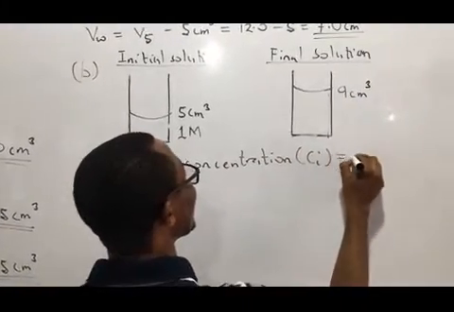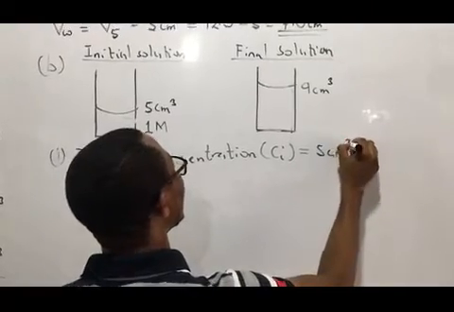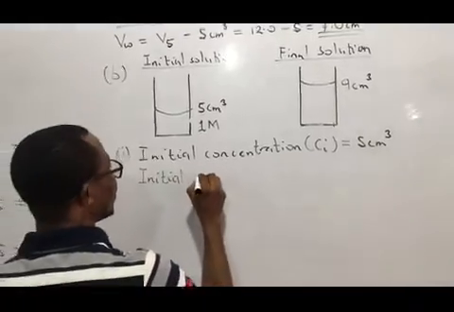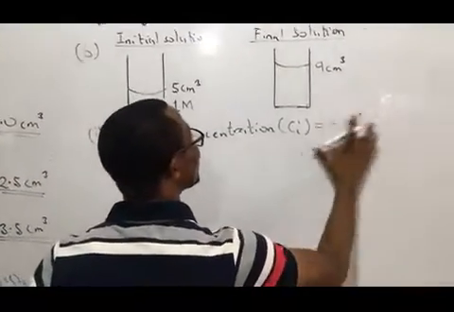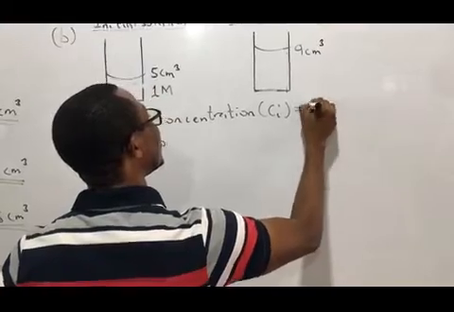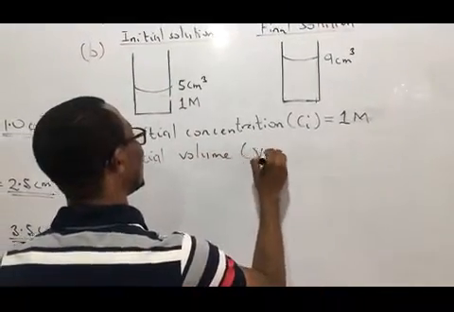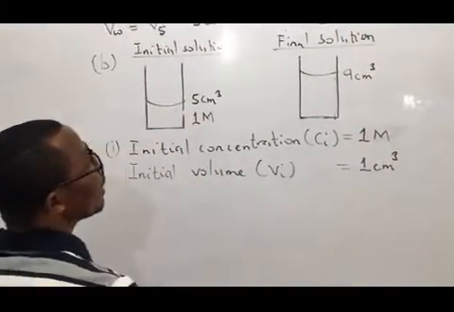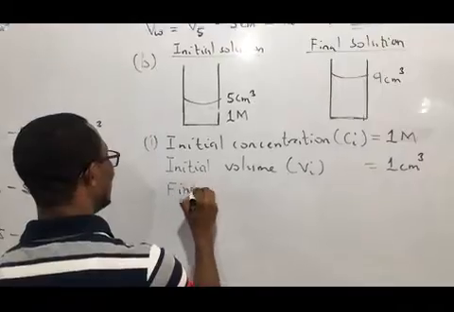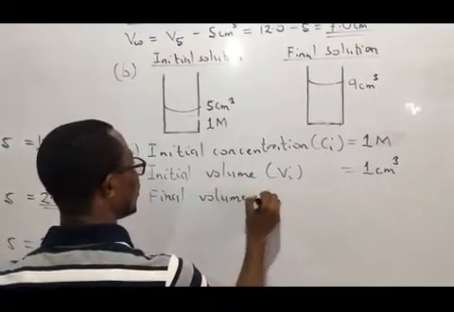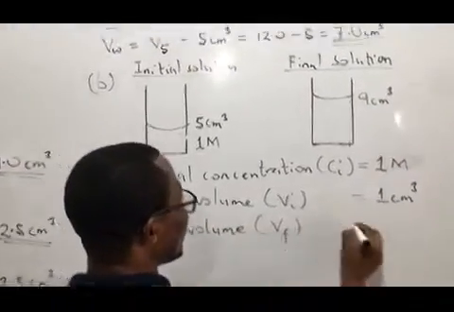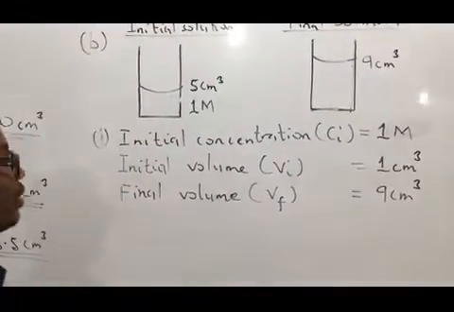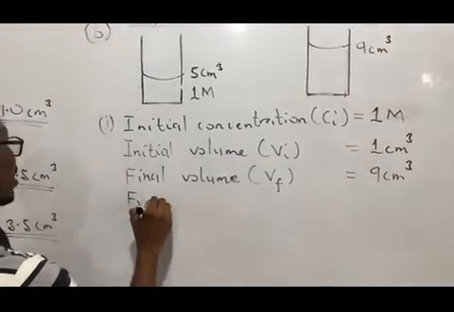Ci, with the initial volume Vi as 5 cm³, the concentration here is 1 molar, and then we have the final volume Vf to be 9 cm³. Okay, so we're going to look for the concentration. That's the final concentration.